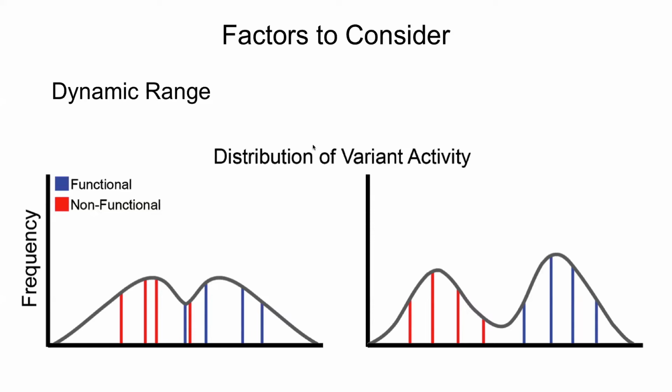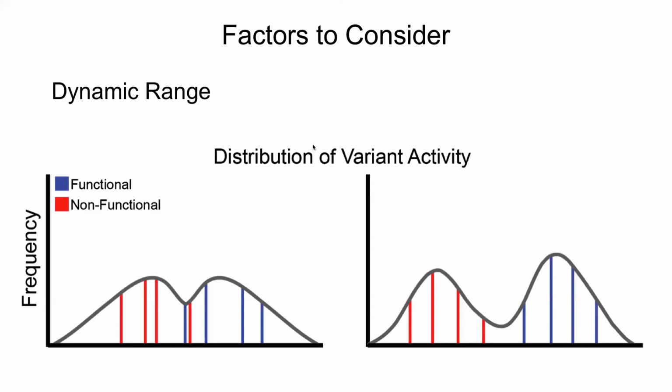I have these nice fake histograms I made here that are the distribution of variant effect scores for a library. And on the left here, you can see I colored in red a non-functional variant with 4 measurements of it, and functional in blue.